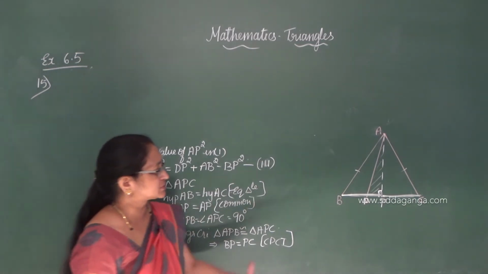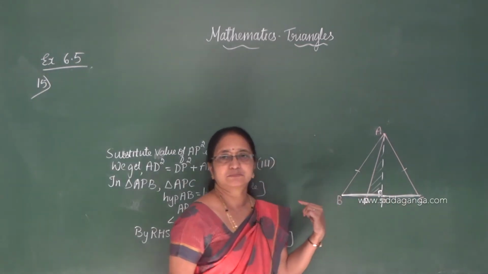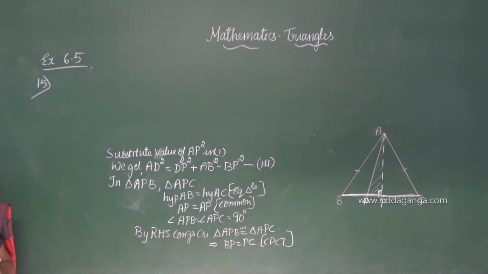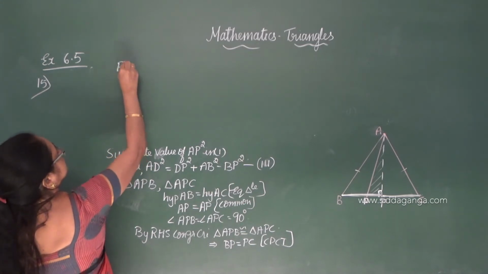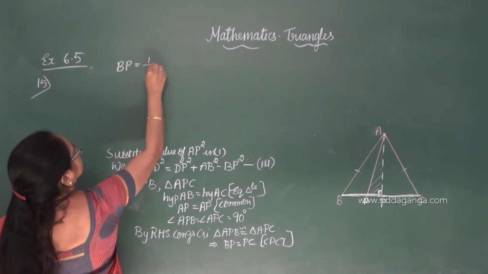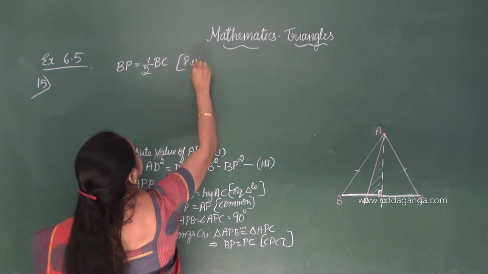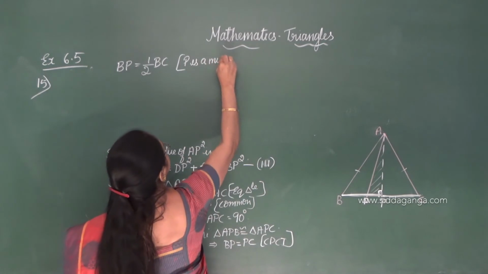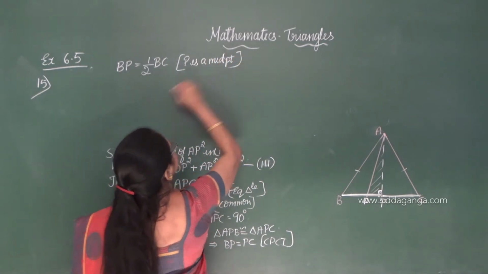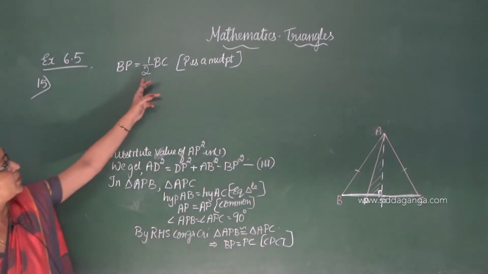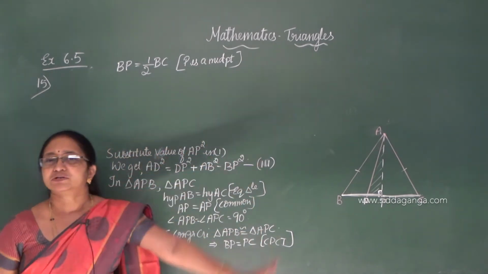Can we write that? Yes, because P is a midpoint. So BP is equal to half of BC because we proved BP is equal to PC.